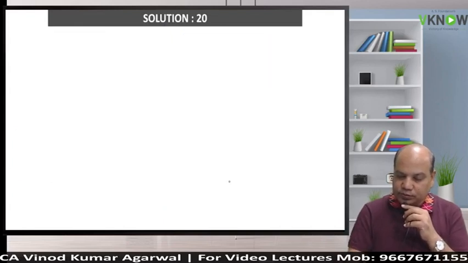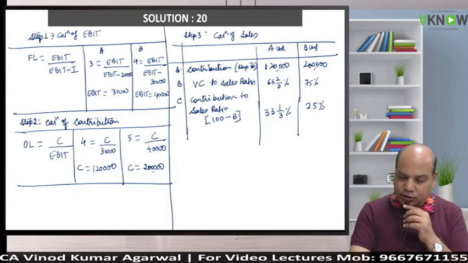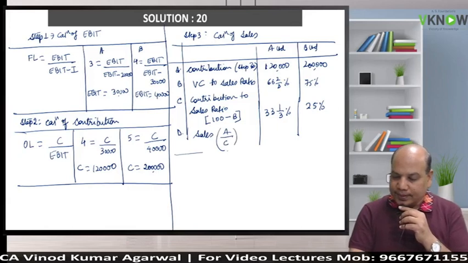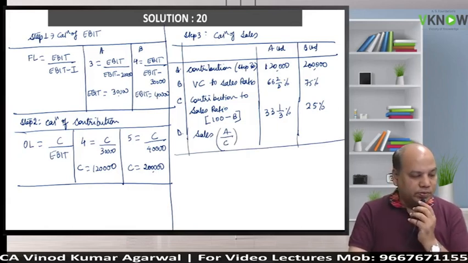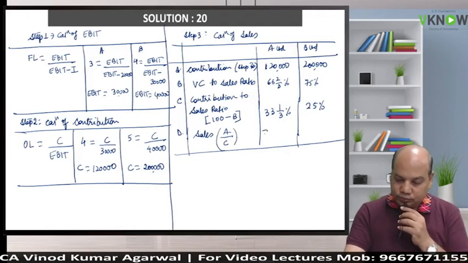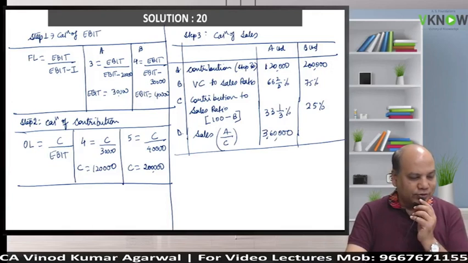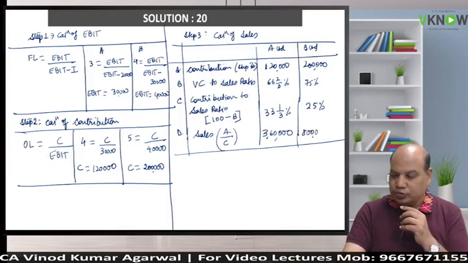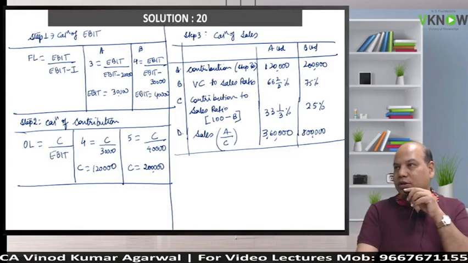Point number D, sales. This way write nicely. A divided by C. 1,20,000 divided by 33 1/3% is 3,60,000. Next one, 8 lakh.